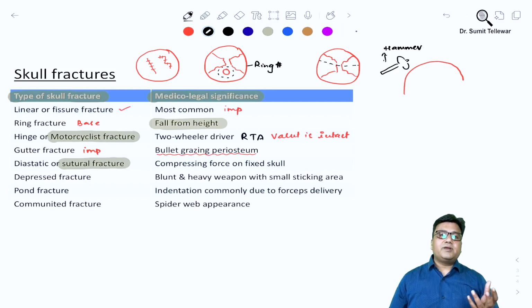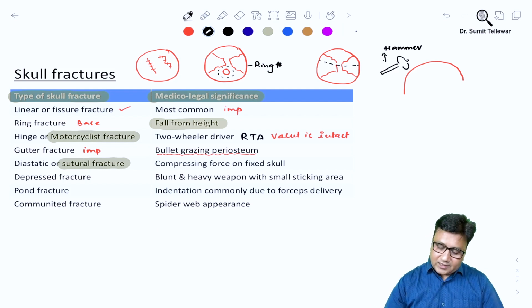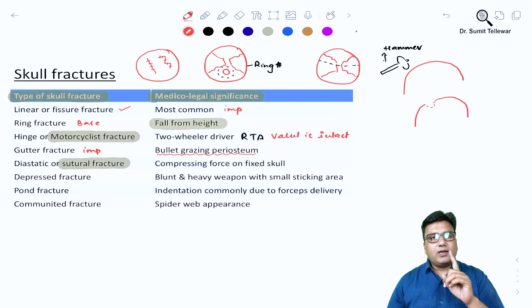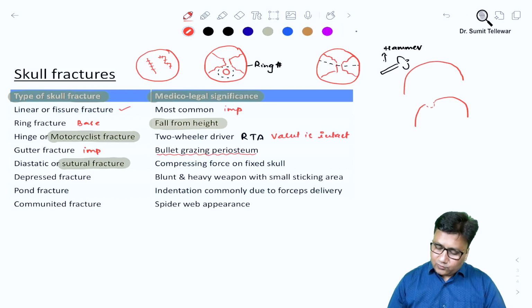When these kinds of weapons hit the curvature of the skull, what do they do? They crack the curvature of the skull like this. They crack the ectocranium in the hitting circumference of the hammer. So the hammer will crack the ectocranium into a circular shape, and that cracked ectocranium will get depressed into the endocranium. So what do we see here?